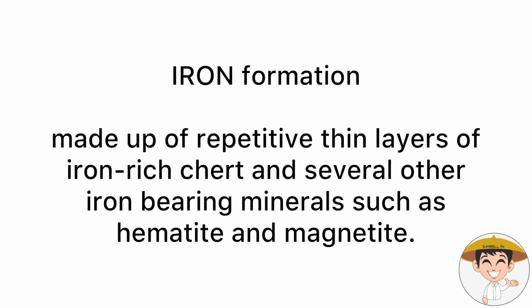The iron formation is made up of repetitive thin layers of iron-rich chert and several iron-bearing minerals such as hematite and magnetite. These appear to be of evaporite origin and are mostly formed in basins within continental crust during the Proterozoic era.